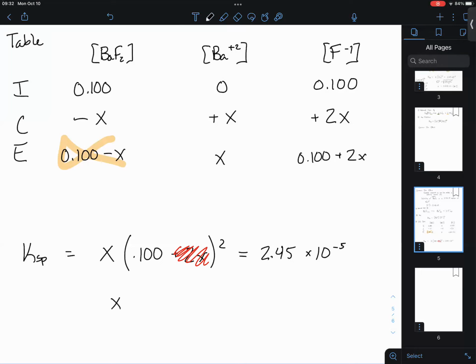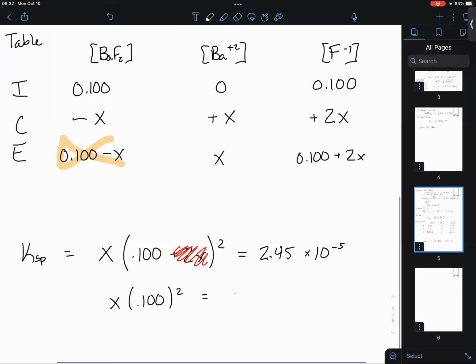So we get X equals 0.100 squared equal to that 2.45 times 10 to the negative 5.